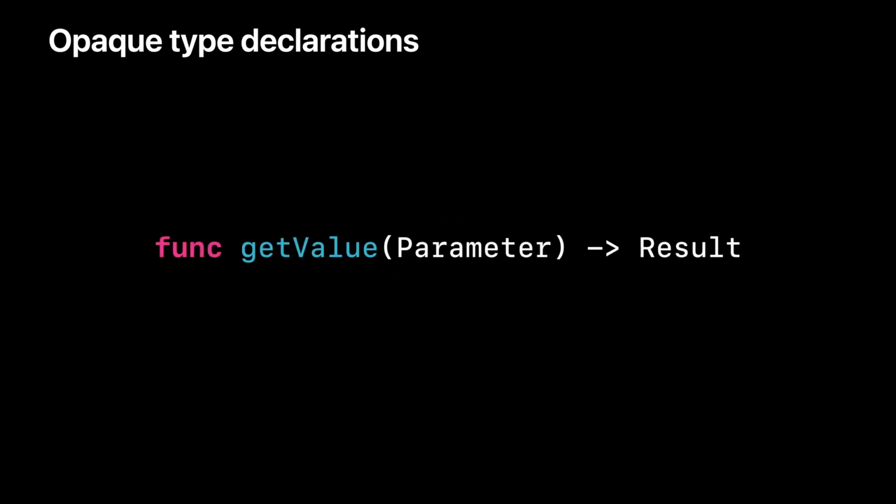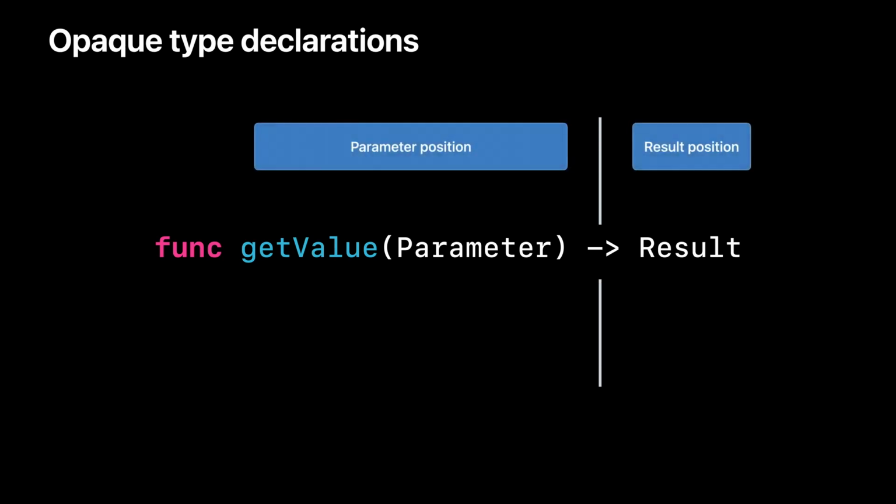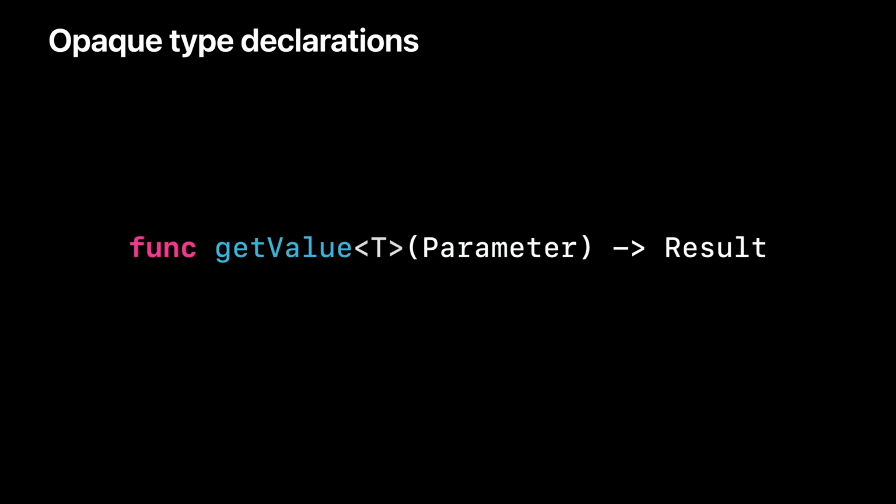Opaque types can be used for both inputs and outputs, so they can be declared in parameter position or in result position. The function arrow is the dividing line between these positions. The position of an opaque type determines which part of the program sees the abstract type and which part of the program determines the concrete type.